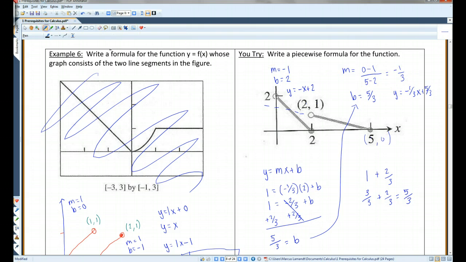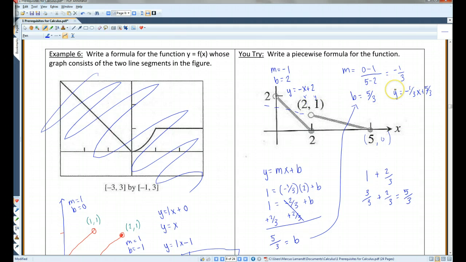Now, your y-intercept also, kind of hard to tell what it is. But we have our slope, and we have an x and y, or if you want, you could use this one over here. We can plug those three things into here and solve for b, which is exactly what I did. You end up with some fractions. 1 plus 2/3 is 3/3 plus 2/3, which is 5/3. So b is 5 over 3.